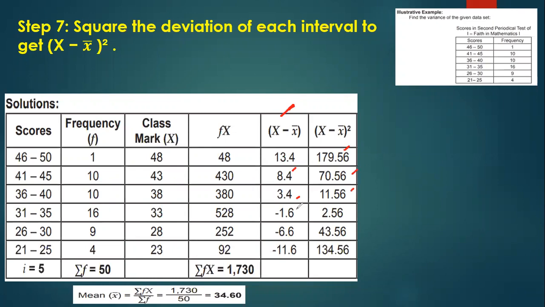Negative 1.6 times negative 1.6, the answer is 2.56. Negative 6.6 times negative 6.6, the answer is 43.56. Negative 11.6 times negative 11.6, the answer is 134.56. Do you get it?